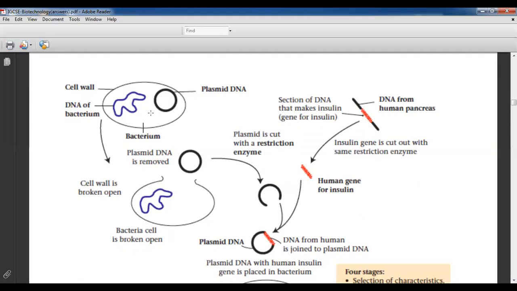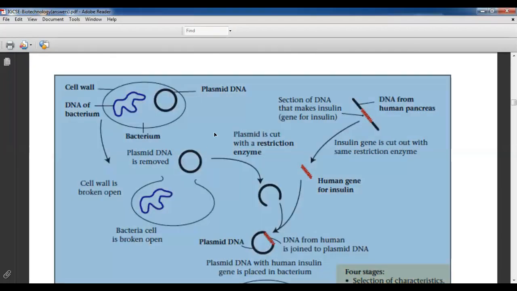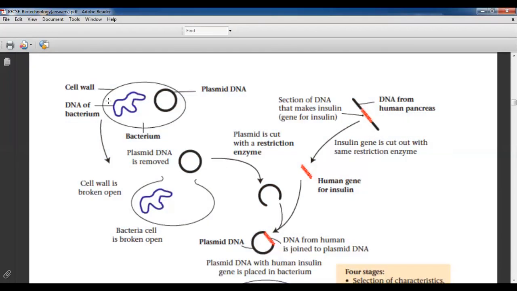Gene of interest means the gene in which I am interested. Is it clear? So what does gene of interest mean? The gene in which I am interested. That gene of interest I can put in the bacteria. Okay.